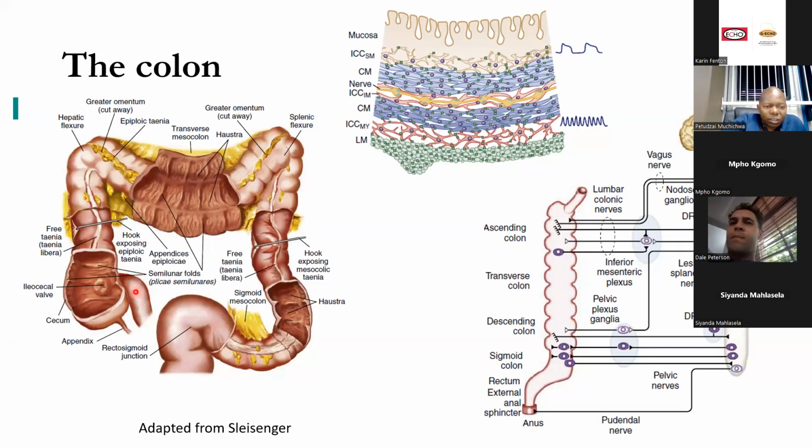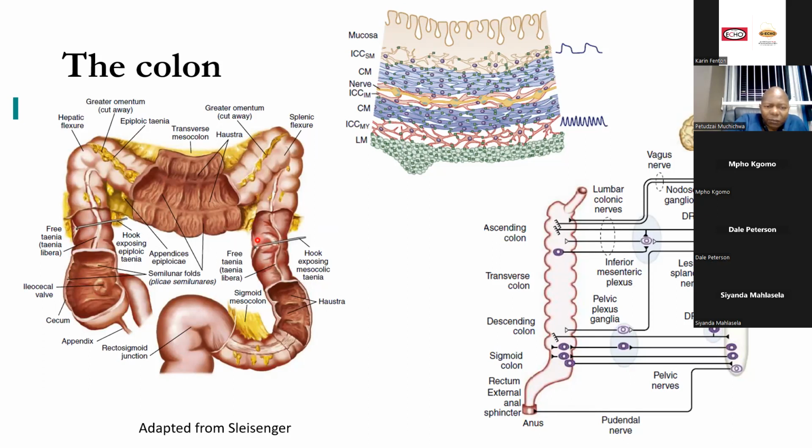Normally, about 1.2 to 1.5 liters of effluent passes through the ileocecal valve into the colon, of which most of the contents are reabsorbed in the ascending colon. By the time it reaches the descending colon, it's mainly formed to semi-formed feces and stored in the rectum. What we excrete is probably around 200 to 400 mL per day.